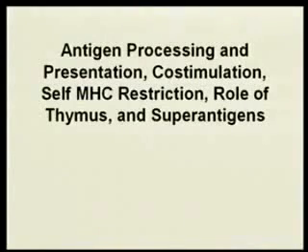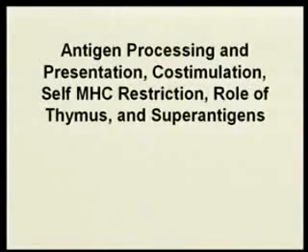All right, so we can go ahead and start with today's lecture. We'll be discussing a number of different processes involved in the immune response. We'll start off by looking at the concept of antigen processing and presentation. So the question that arises: how do these peptides get into the MHC class 1 or class 2 group?